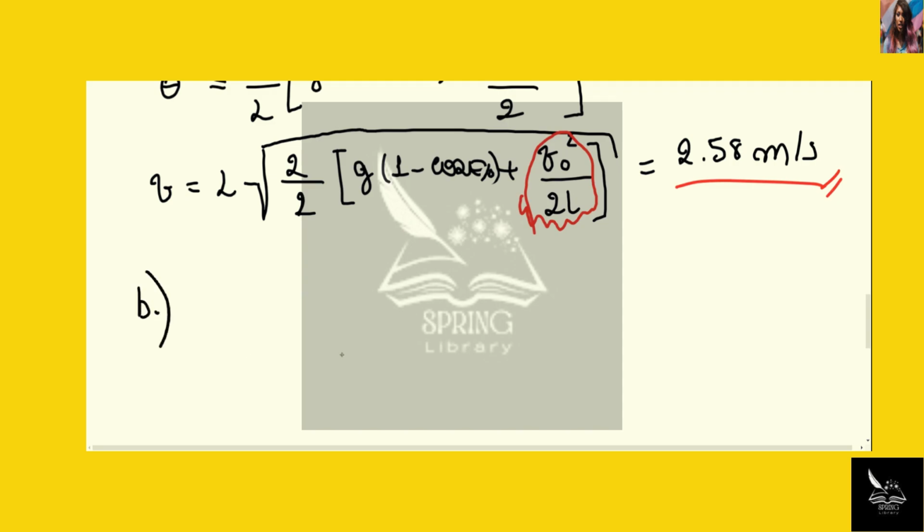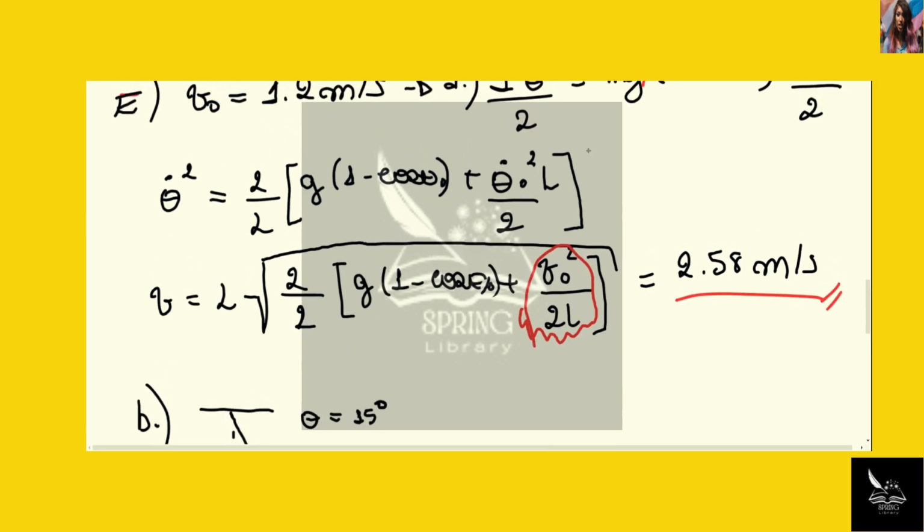Now, let's find the same thing for the point of question B, but with the initial velocity of 1.2. Okay, so we want to find it for theta equal to 15 degrees. You could see from what I did in question E-A that the only thing that is going to change in our calculation is that inside the square root, we're going to add this term.